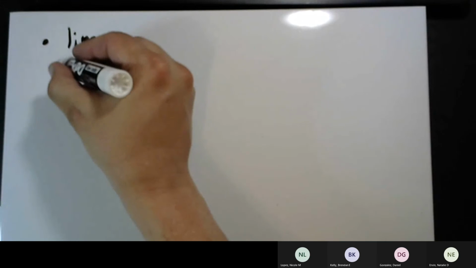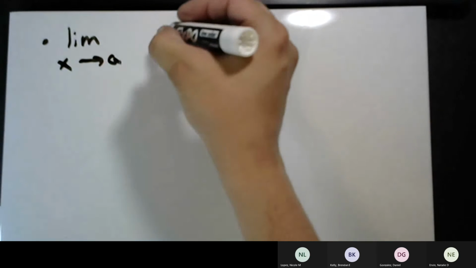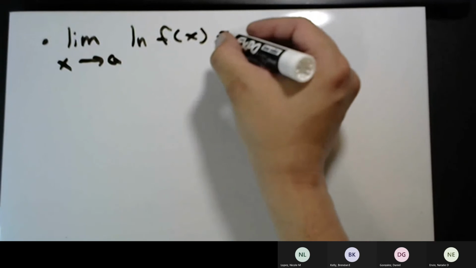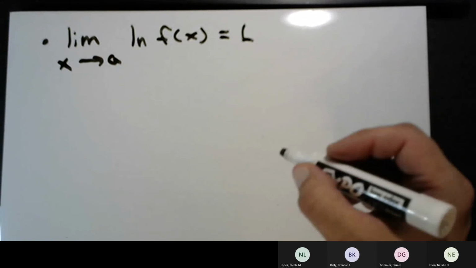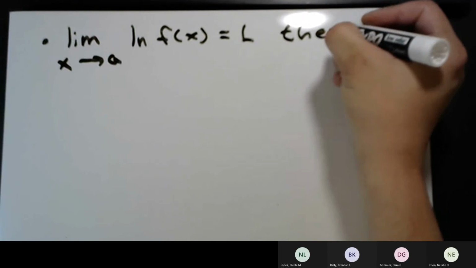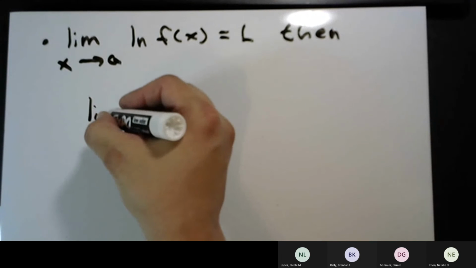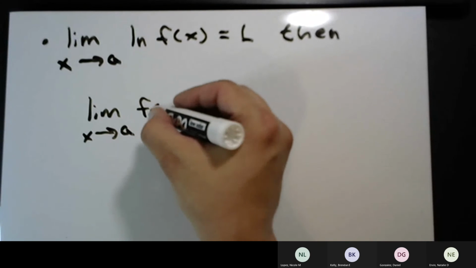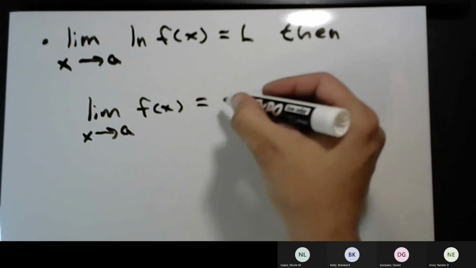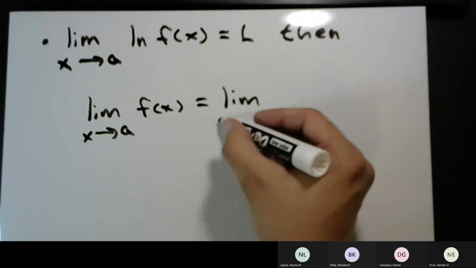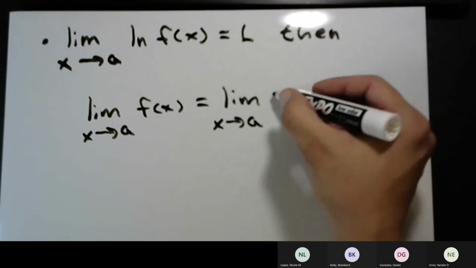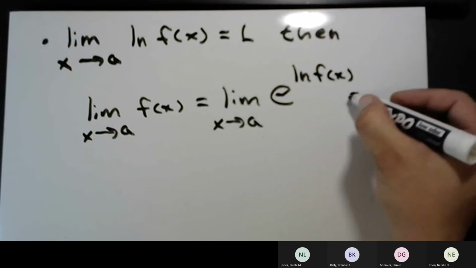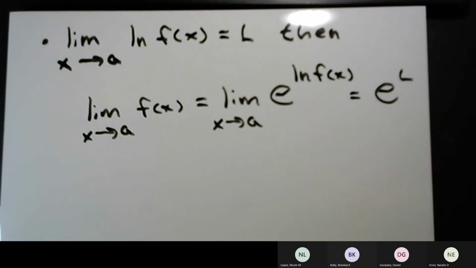If the limit as x goes to a of the natural log of f of x equals L, then the limit as x goes to a of f of x is equal to the limit as x goes to a of e to the natural log of f of x. And this will be e to the L.